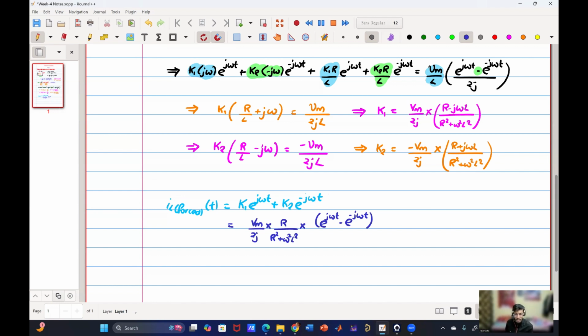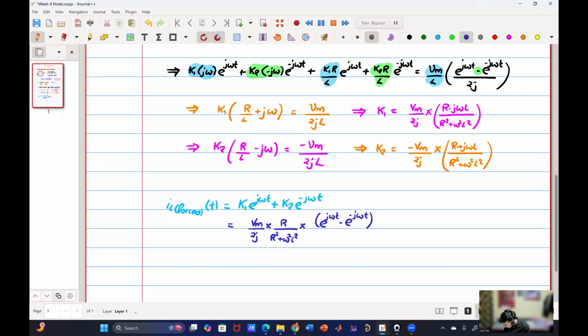The first term r by r square plus omega square L square. So I'm just skipping some terms, but you try to calculate it by yourself, then you will appreciate it. Getting it? Okay, maybe let me write the full expression, then you'll get it.